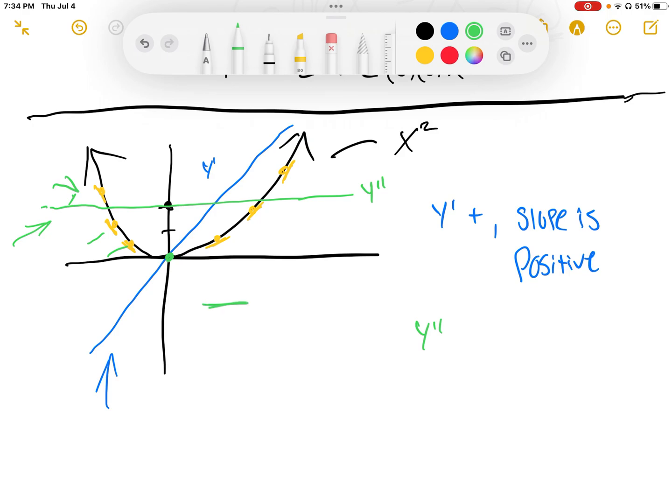The slope is like a flat line, so it's a slope of zero. And interestingly, y prime has a y value of zero at this point. It goes right through it. So that would tell us that the slope at that point is zero. And also, we see that the slope continues to increase by a factor of 2, which is y double prime.